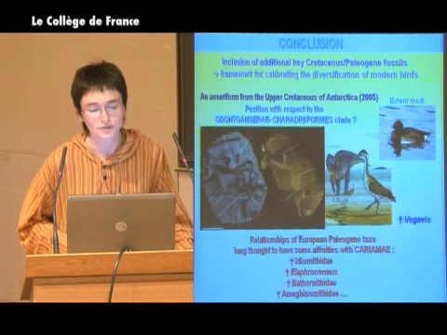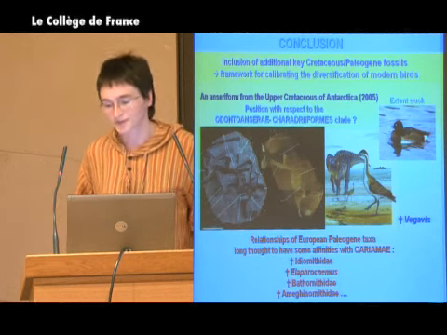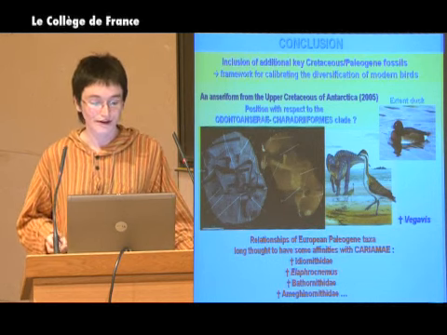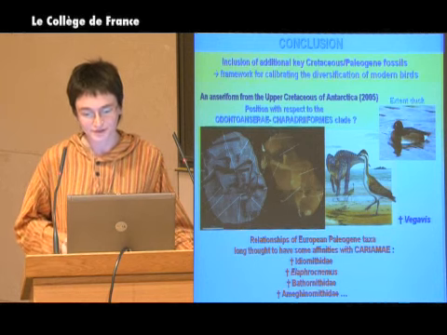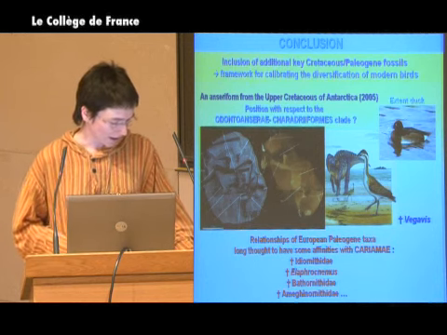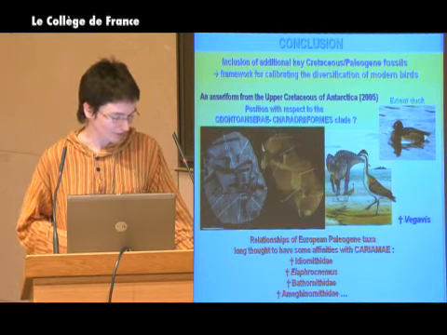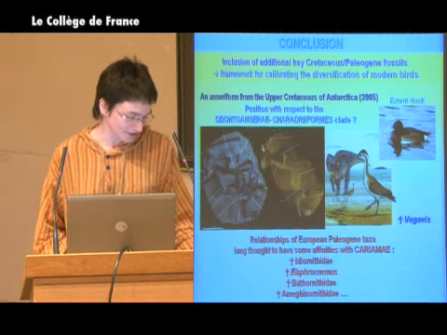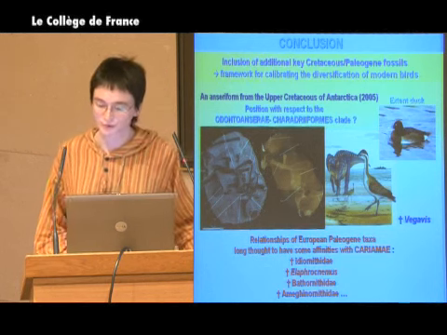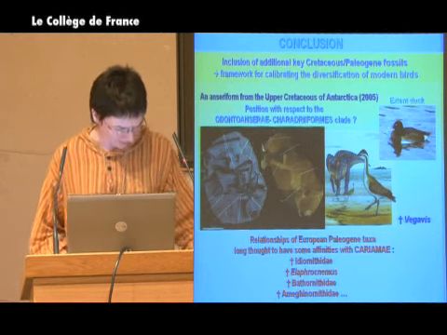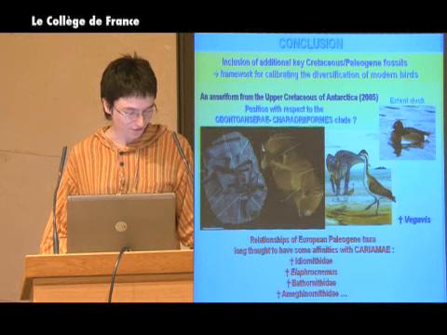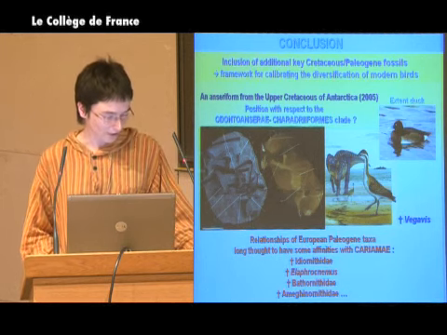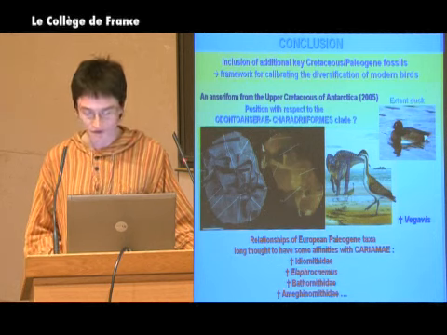Finally, the inclusion of additional Cretaceous and Paleogene fossils will be very important because it will provide a framework for calibrating the diversification of modern birds. Especially the discovery of a fossil duck here, Vegavis, in the Upper Cretaceous of Antarctica, reported in 2005. And this is the first Mesozoic modern bird complete enough to allow its phylogenetic placement in the tree of modern birds.